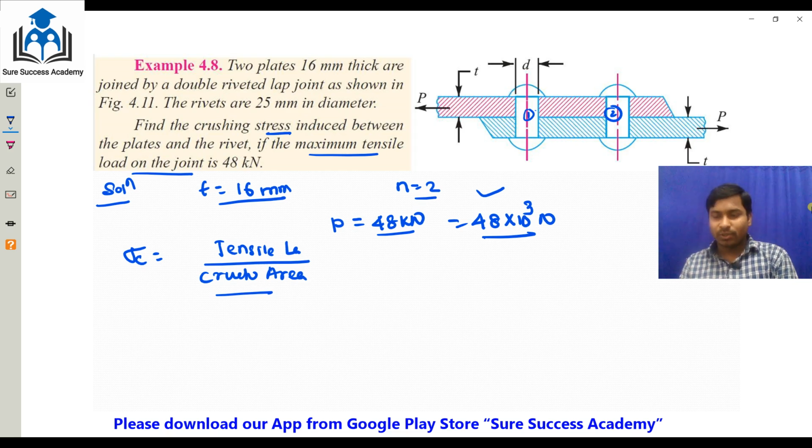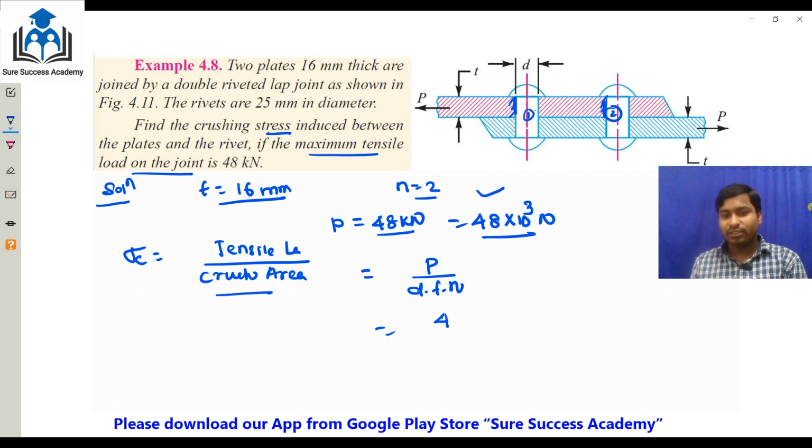So two rivets will resist the crushing. We know the crushing stress between the plate and the rivet is equal to the tensile load P divided by D into T, the projected area, into the number of rivets. Since there are 2 rivets per pitch length, N is equal to 2.